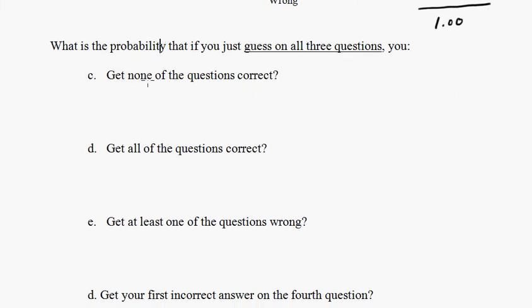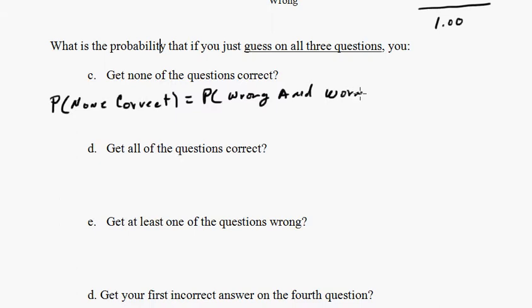So, if you guess on all 3 questions, what's the probability that you get none of them correct? So, probability of none correct, that's equal to the probability of the first one wrong and the second one wrong and the third one wrong.